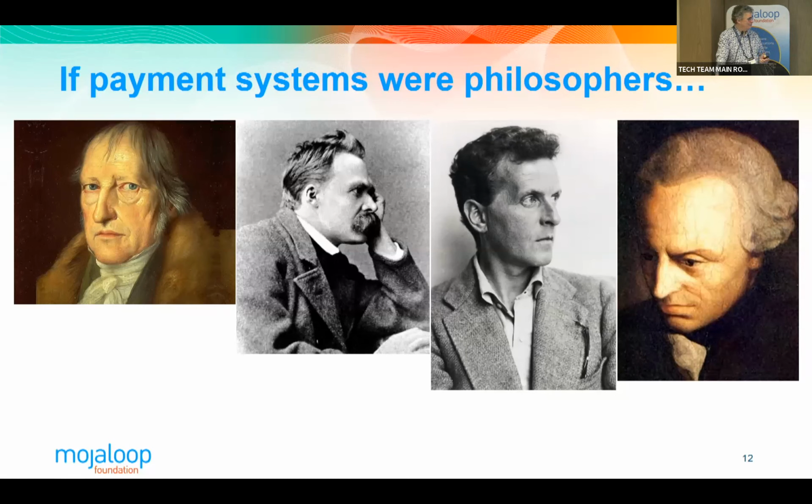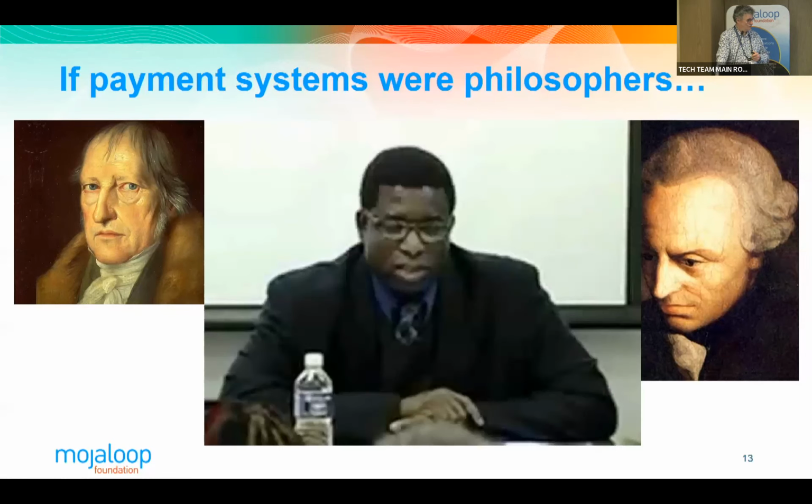So I want to introduce you, hopefully, to another philosopher who I know will immediately be known to you. This gentleman is called Emmanuel Eze. He's a Nigerian philosopher, and his project is to create a philosophy which is specifically an African philosophy.